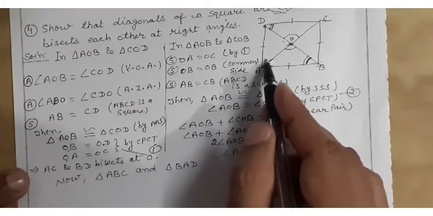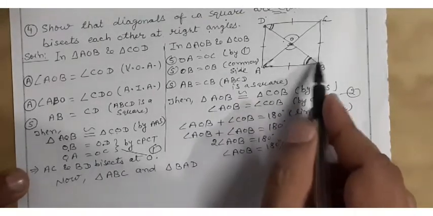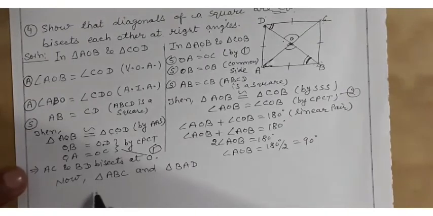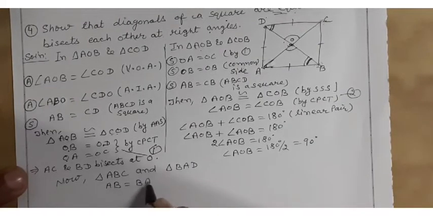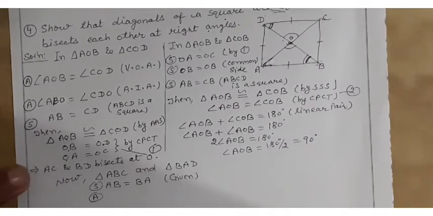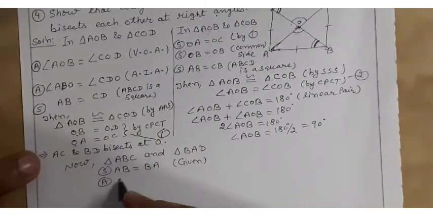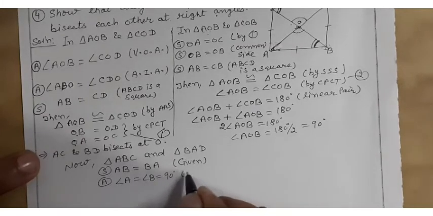If this is a square, then angle A and angle B are 90 degrees. Then directly you can show AB equal to BA.